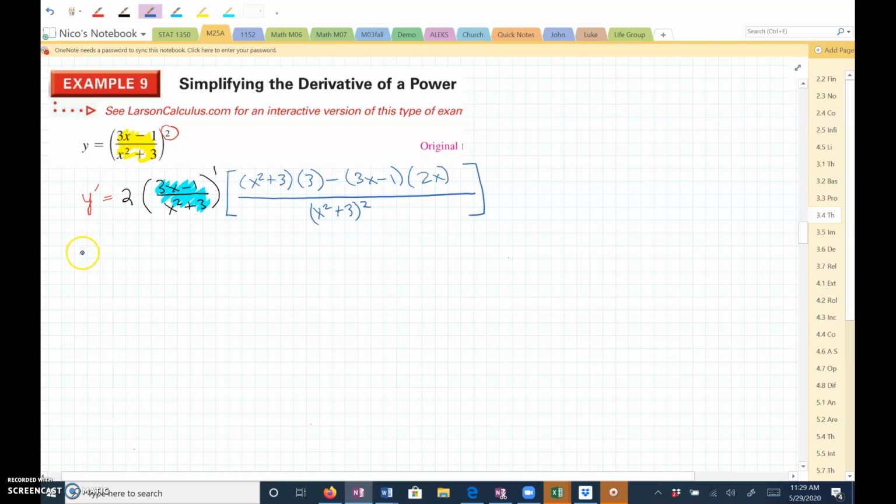Alright, and let's begin to simplify this. So this would just still stay 2 times (3x minus 1) all over (x squared plus 3).